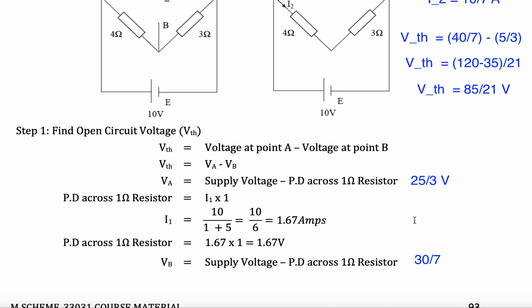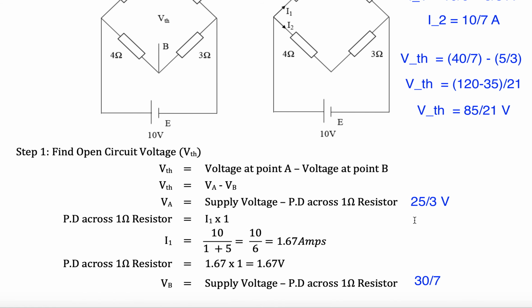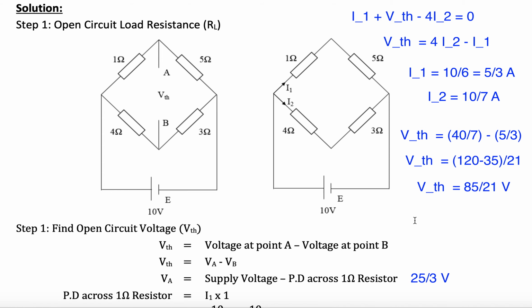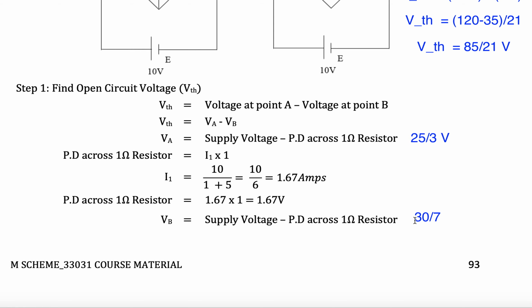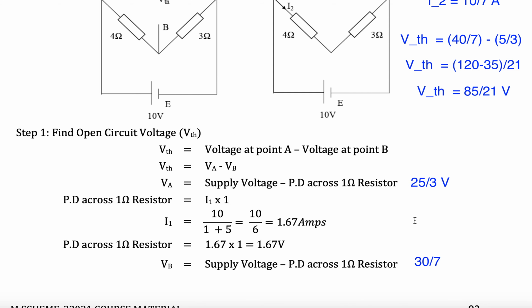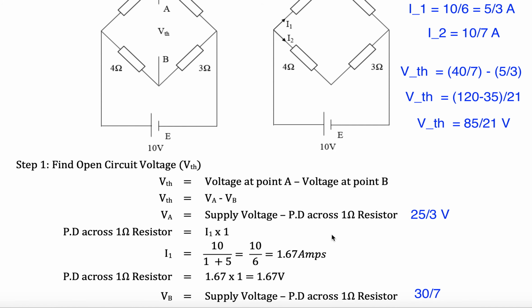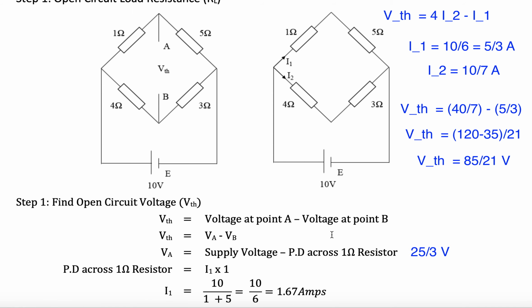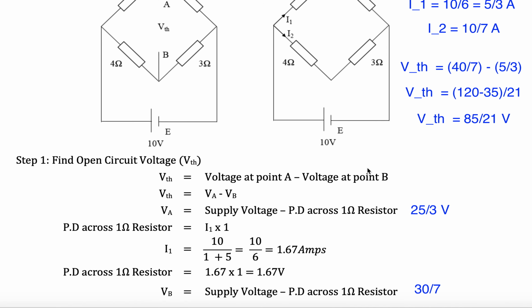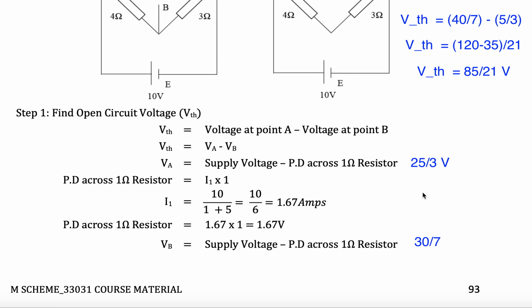Okay, now 25 by 3 minus 30 by 7. Supply voltage 10 minus PD across 1 ohm, which is 5 by 3: 30 minus 5 is 25 by 3. Up to VA is correct. What about VB? 10 minus 40 by 7 is 30 by 7. Up to here it is correct.